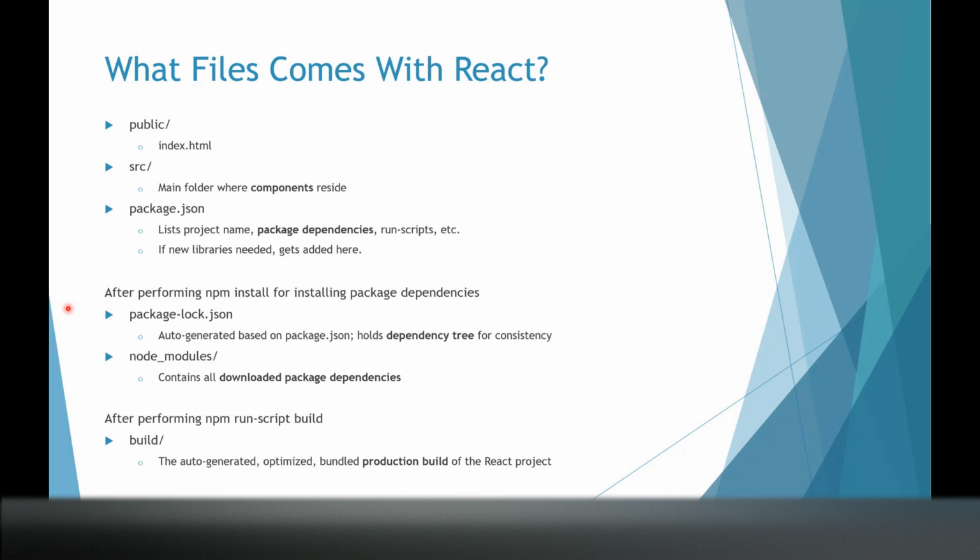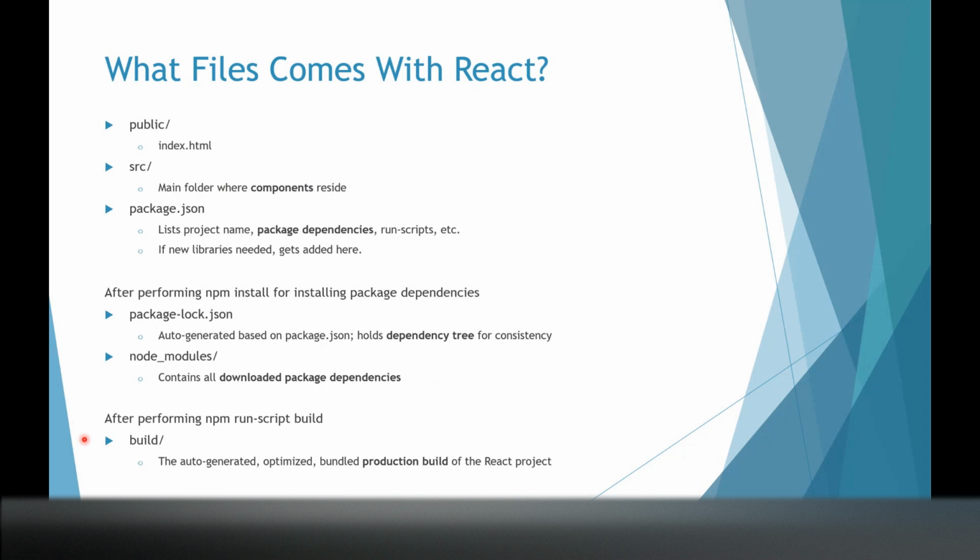After the initial setup, so after running npm install or npm build for creating the production build, you'll be getting a package-lock.json, which is based off of this. It creates a dependency tree just to keep it consistent with all the production builds that you send out to the clients. And then the node_modules folder also gets created, which contains all of our downloaded packages.